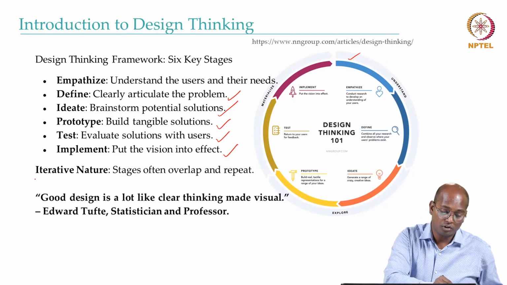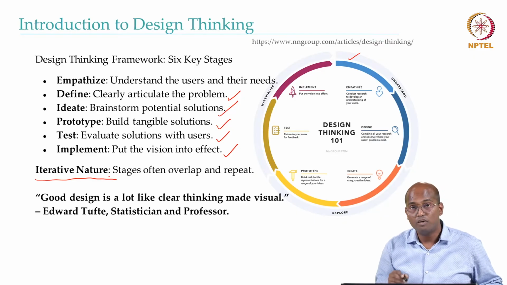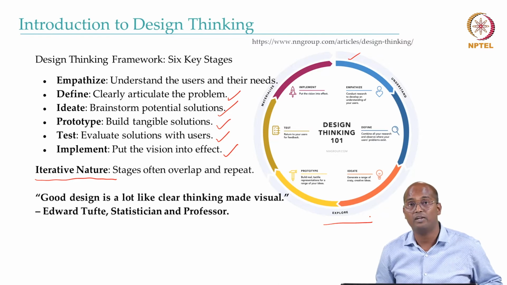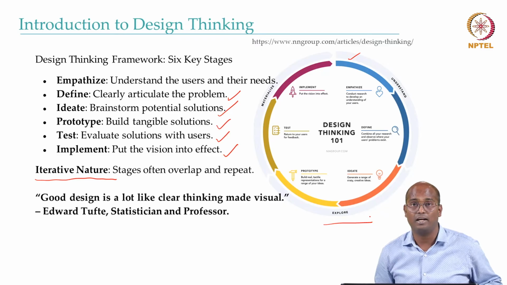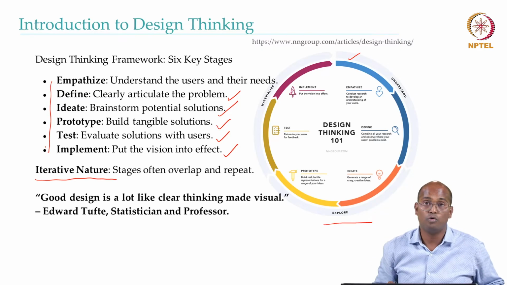And the most important part is mentioned here, iterative nature. Many of the stages which are mentioned here often overlap and repeat, because in the earlier lecture I have also emphasized that you can't build a perfect solution in one go. That requires iterations, that requires modification, because you can't understand any of them in the first go.